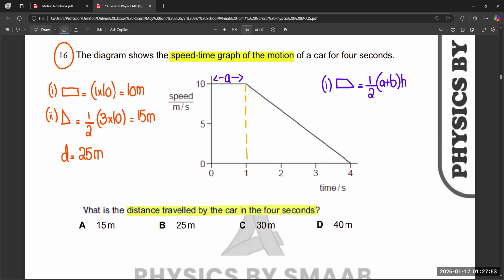And for the trapezium, this whole is B, till 4. And this is H. The value of A is 1, H is 10.